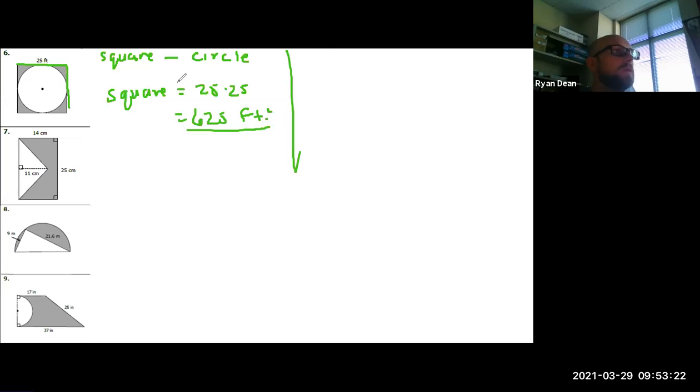For the circle, this 25 still goes the distance, right? But we only want half of that distance because 25 is the diameter. So our radius is going to be half of 25, which is 12.5 feet. For the circle, we have a full circle this time. It's not a half circle. So we're doing pi r squared.